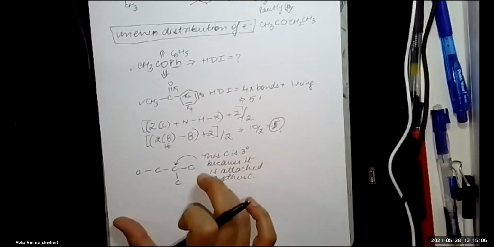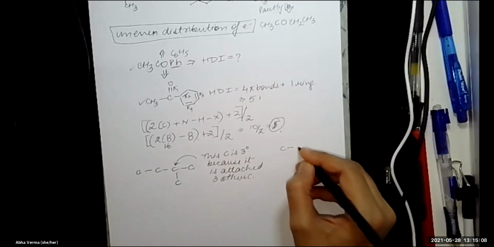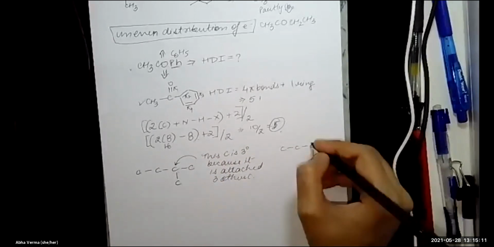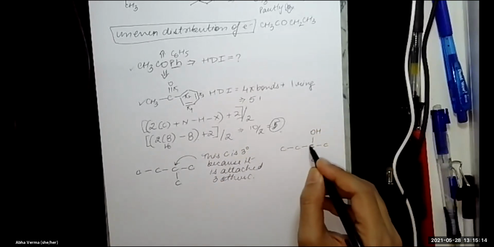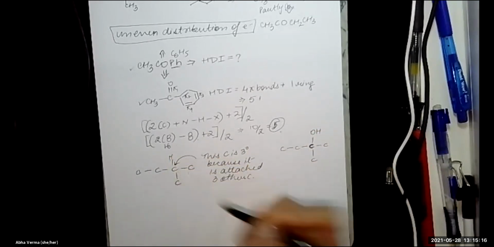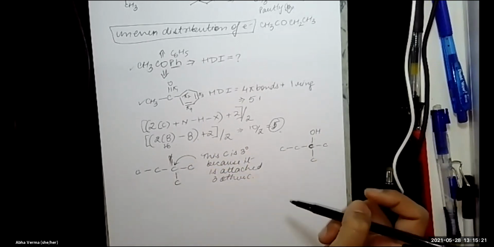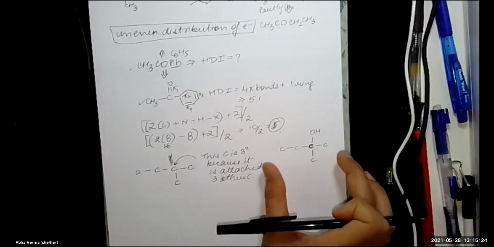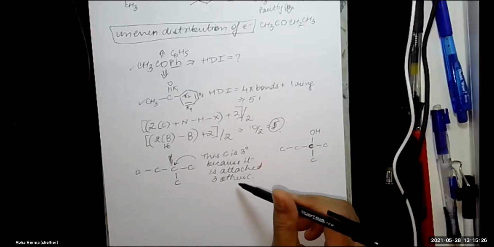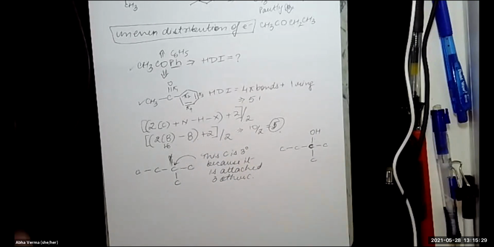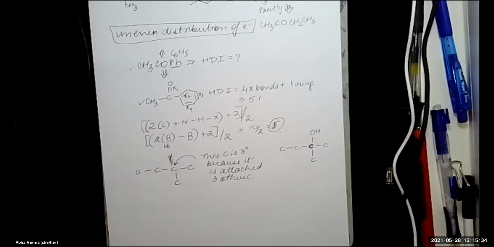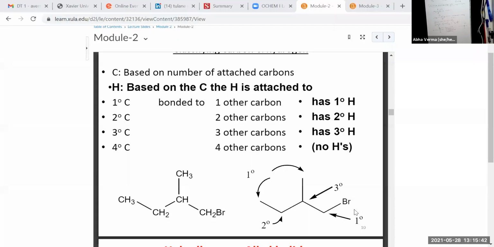And so with that information, if I have a group on this carbon, the same carbon, instead of a hydrogen, remember there will be a hydrogen here for the 4th group. If I have a OH here, how will I classify this alcohol? What kind of a classification will I give it? For example, in the previous example that I was showing you, we have a primary alkyl bromide.